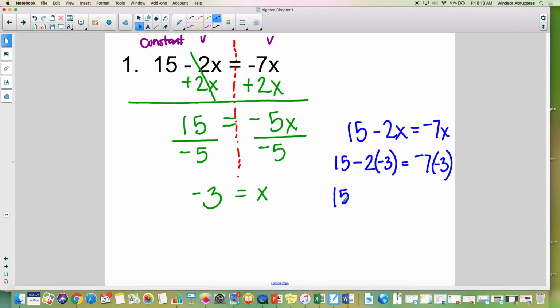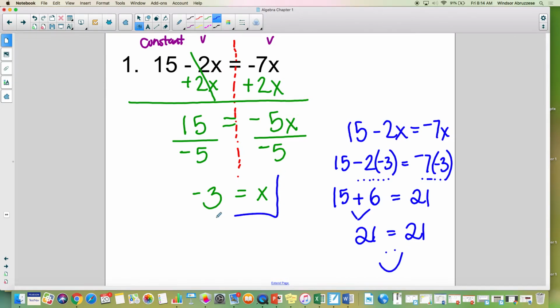So 15, we have -2 times -3 is +6, equals -7 times -3 is +21. And 15 plus 6 is 21. And 21 equals 21 is true, so we did it correct. Here is our final solution.